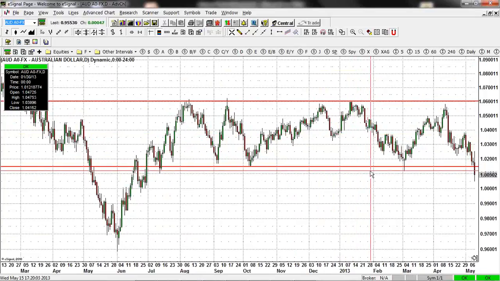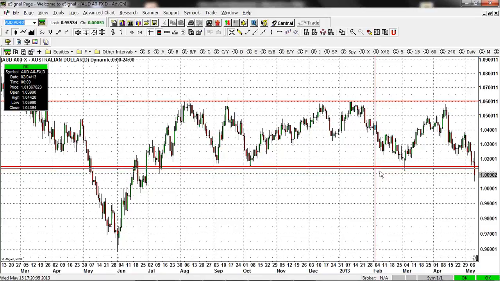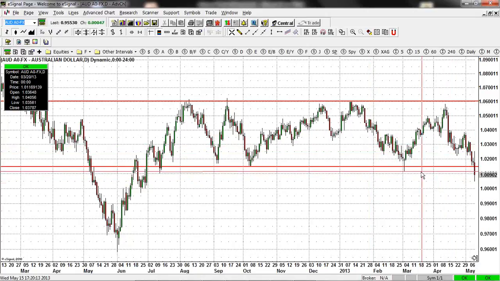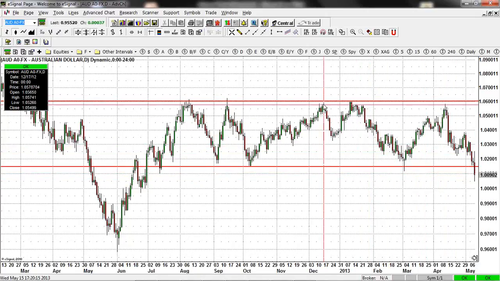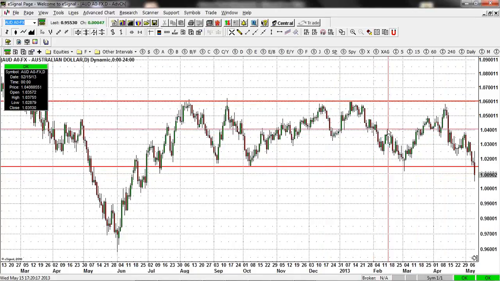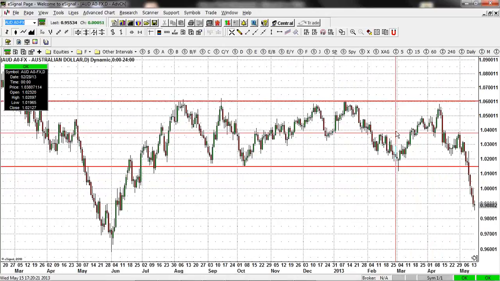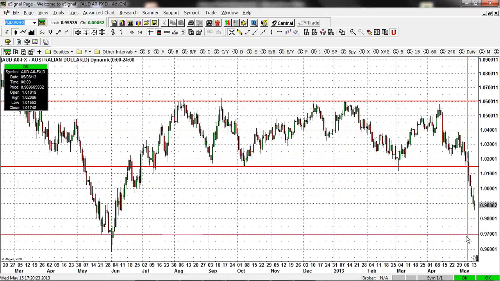The way you trade this is you will sell on the break of support. Well, if this is a downtrend, you sell on the break of support. If it was a buy, you would buy on the break of support and then use your chandelier exit to trail stops down as the market moves in your direction.